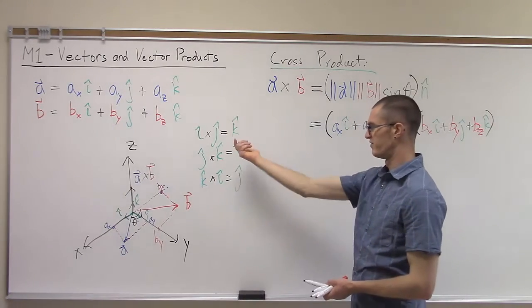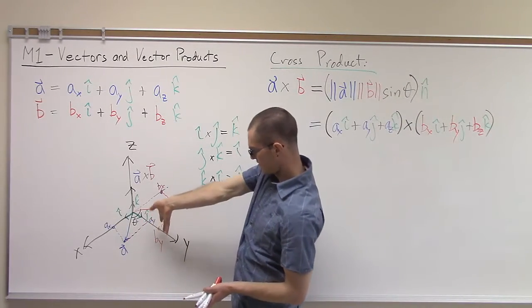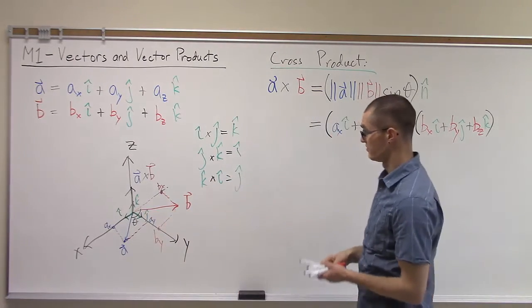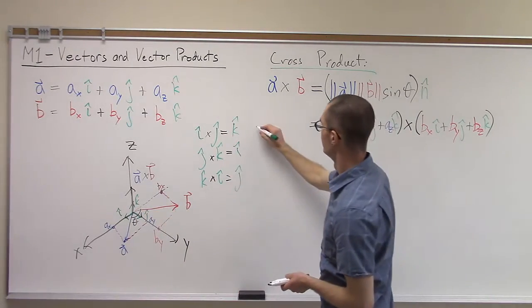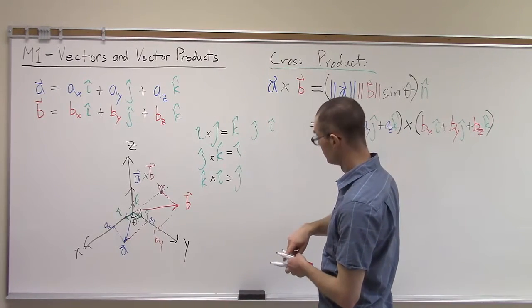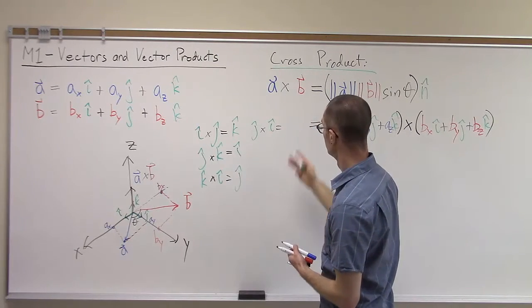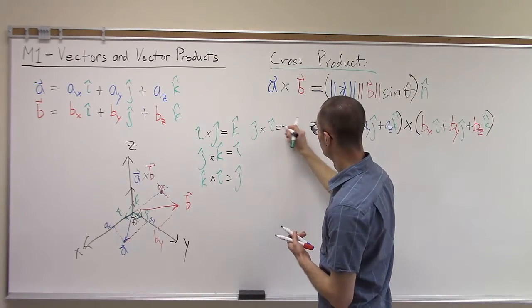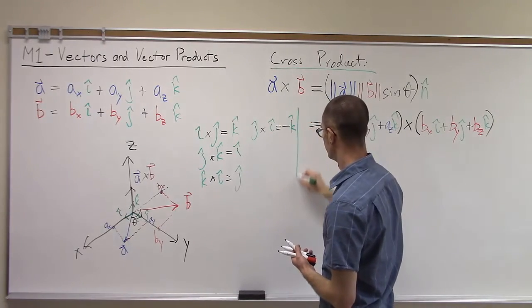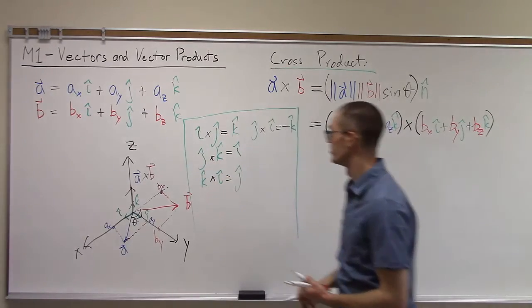If I flip the order, so now if I go J cross I, I curl from J to I, my thumb is going to point down in the negative Z direction. So I can say J cross I is negative K. This is not related to the previous operation, so I'll just put a box around it.